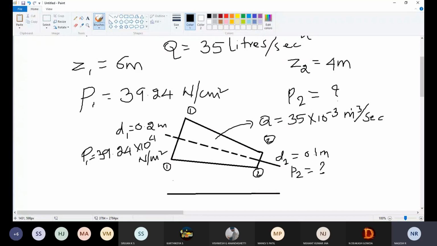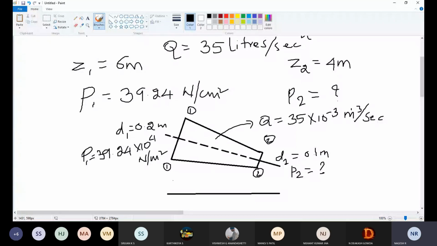Then I can write Q as 35 into 10 to the power of minus 3 meter cube per second. Just the liter gets converted into meter cube when multiplied with 10 to the power of minus 3. That's all.